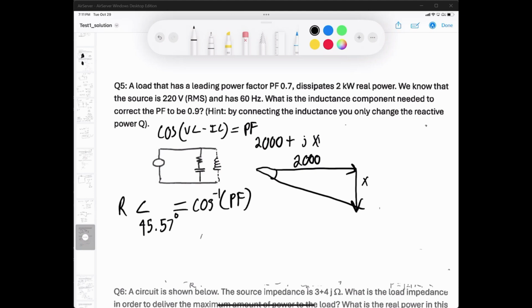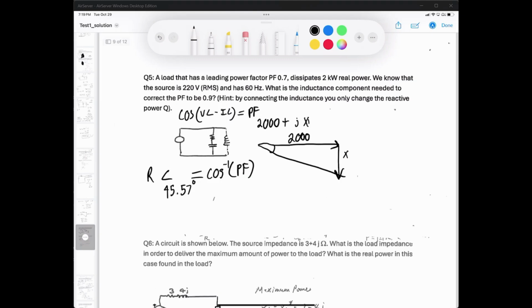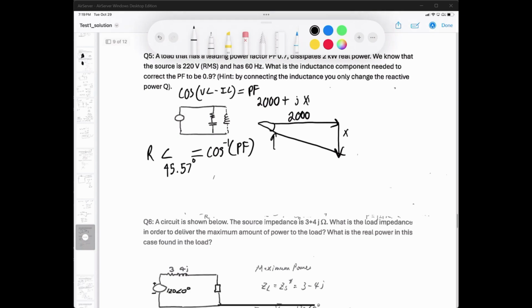Well, when you calculate the power, how come this angle works here? When you calculate the complex power, we know that S, the complex power, is equal to voltage times I conjugate, right?